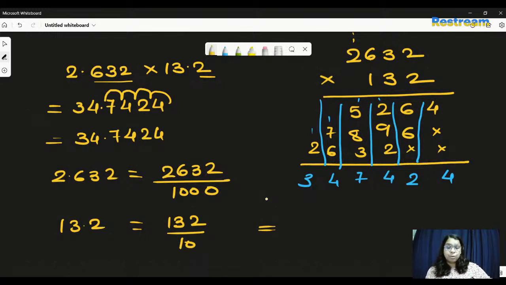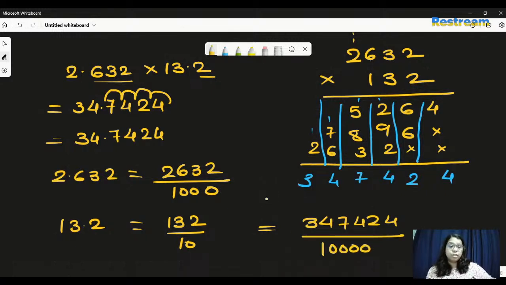When you multiply them together, you have 3, 4, 7, 4, 2, 4 divided by 1000 into 10, which is 10,000. So 4 zeros. So definitely the decimal point is going to be here. So it is 34.7424.